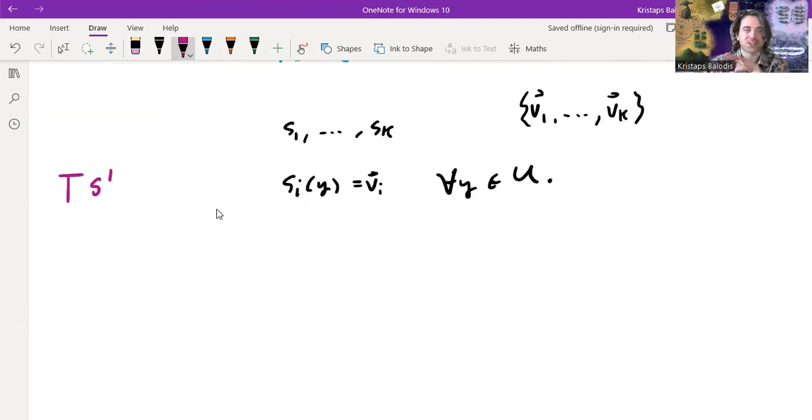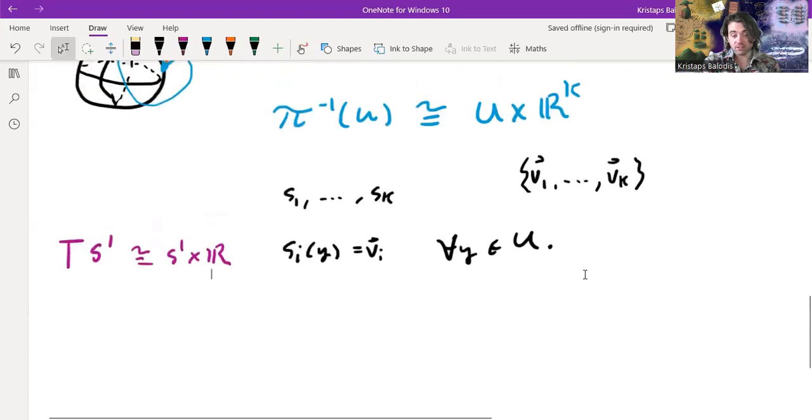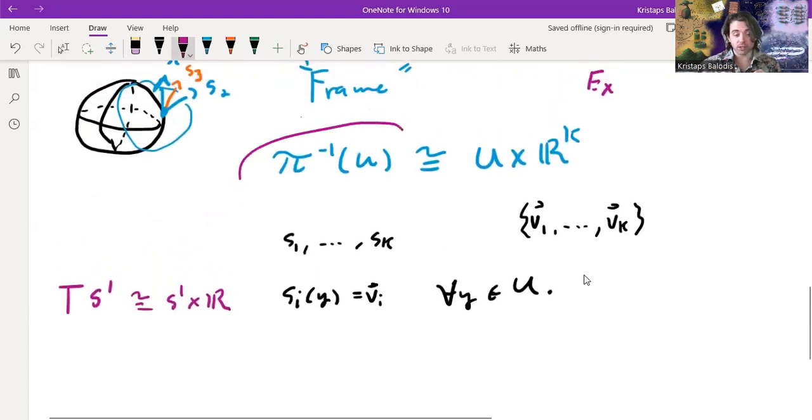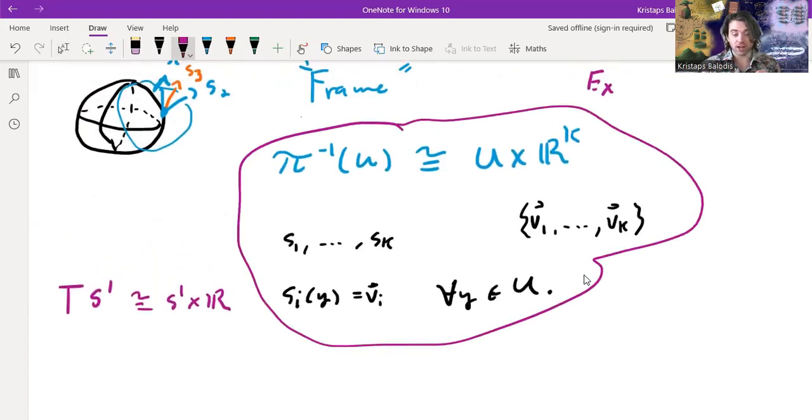It means isomorphic, and we need to define isomorphic, but already in pictures, we were able to realize this as being the same as the trivial bundle, right? So that means by this argument, because it's globally trivial, I can find a global frame for the tangent bundle for S^1.